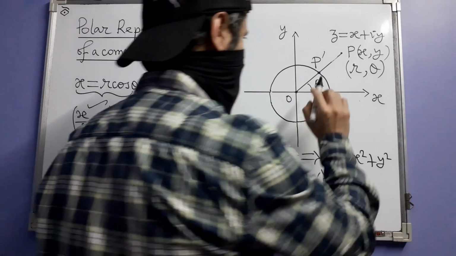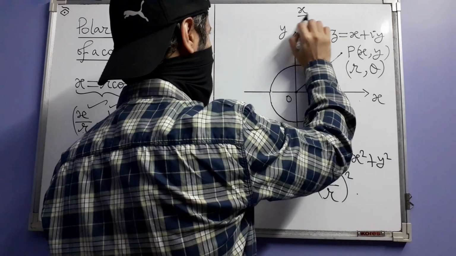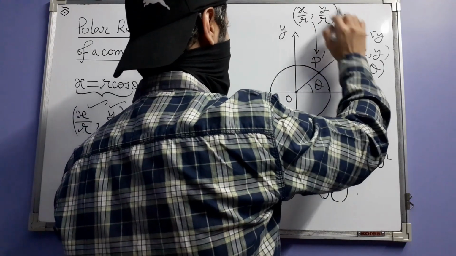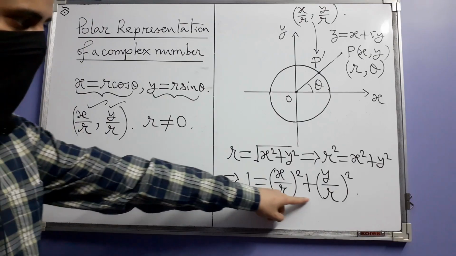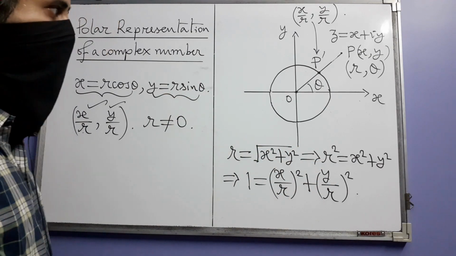Actually that point is nothing but this P prime, because it satisfies the equation of the unit circle, that is why.